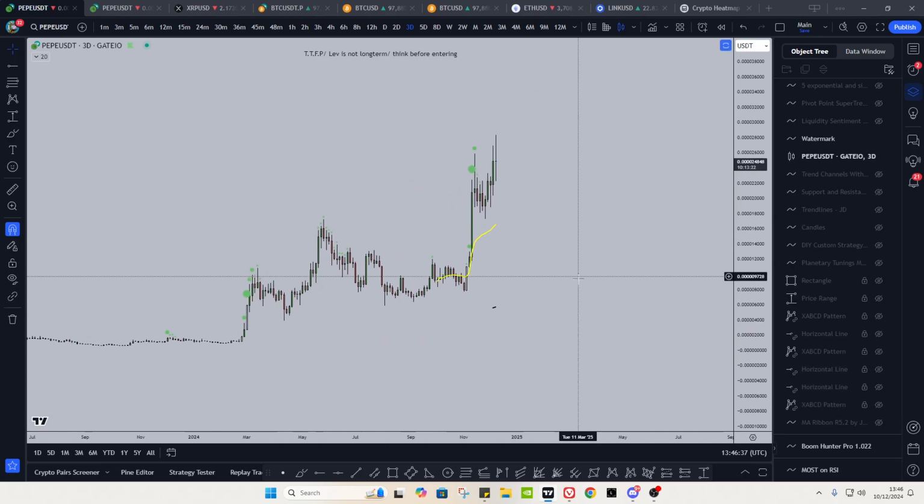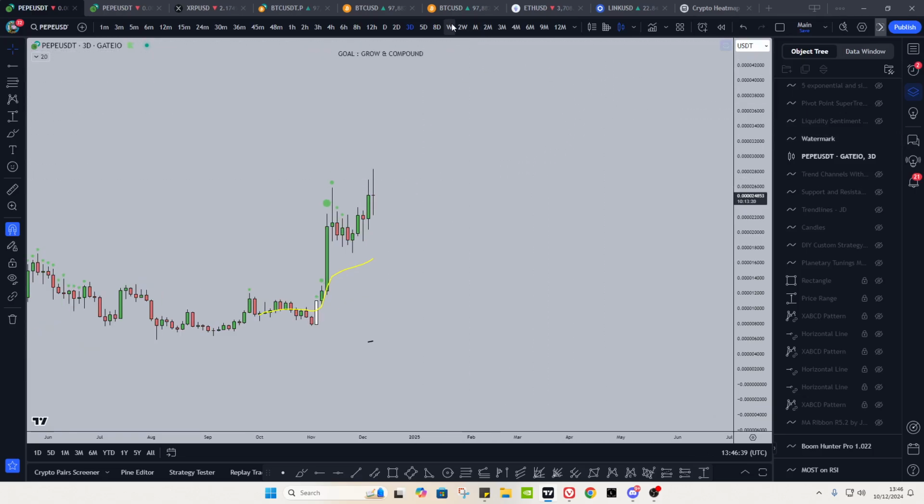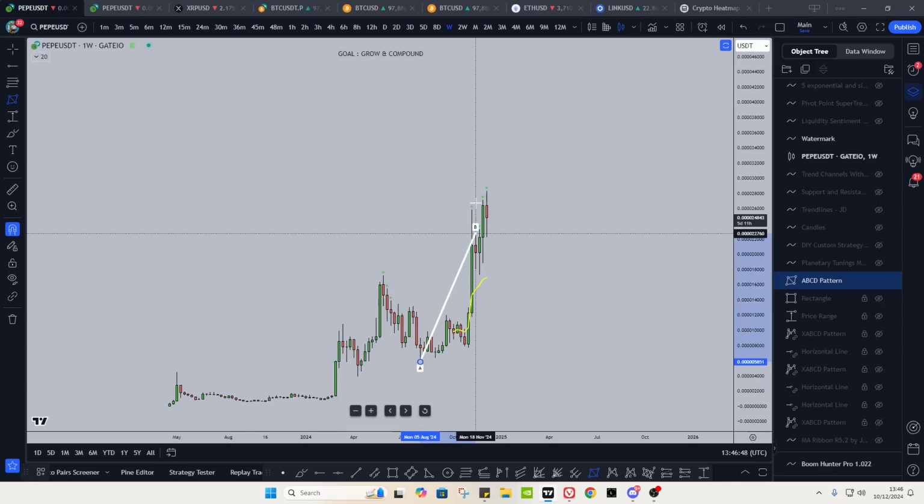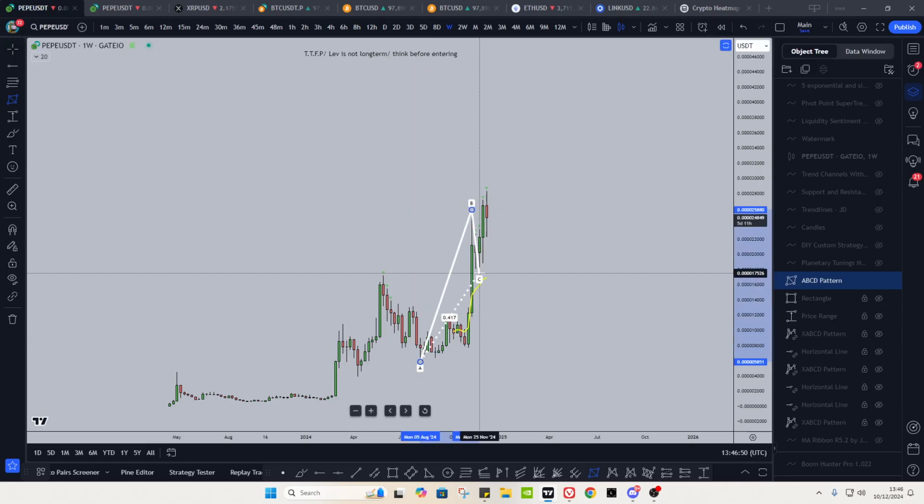What I do see is on the weekly, this is where your wave structure started. Went up to here. Came perfect. Okay, 382. So as moon boyish as this sounds, if this plays out, your minimum target for Pepe is around 35 cents.